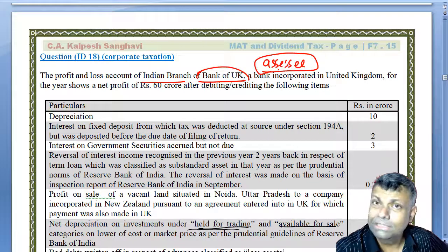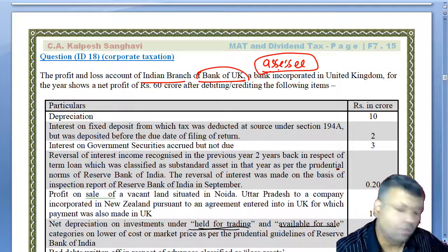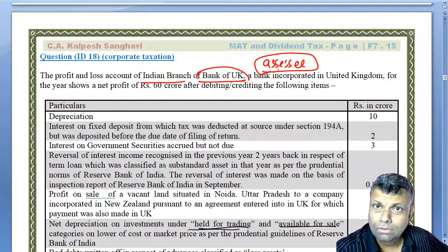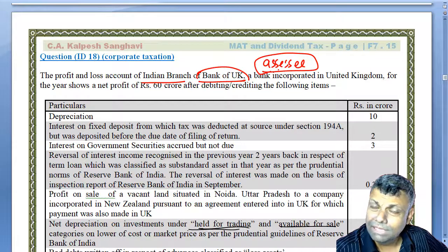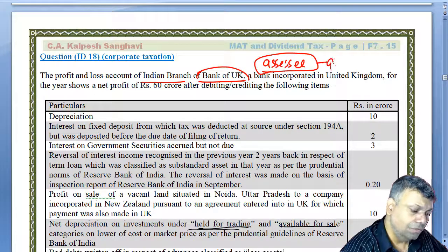Why is there a complication? I'm telling you why there is a complication. First of all, you are told about the profit and loss account of the Indian branch of a UK bank. Let us say the name of the bank is XYZ bank. So that XYZ bank is the assessee. Just imagine that way. Because if that XYZ bank is the assessee, then this bank is going to have global operations.